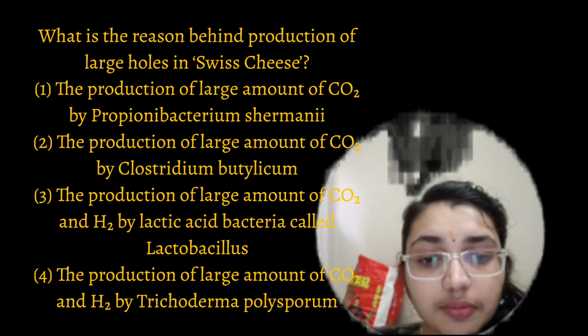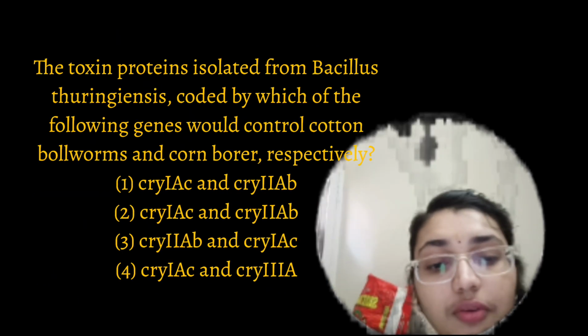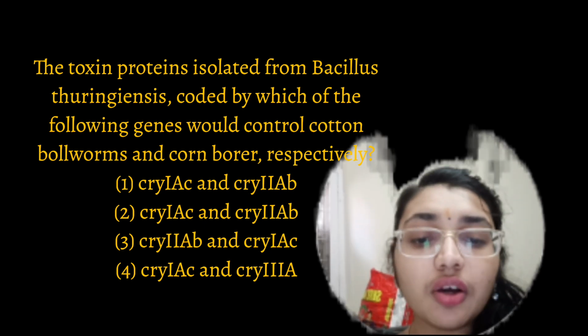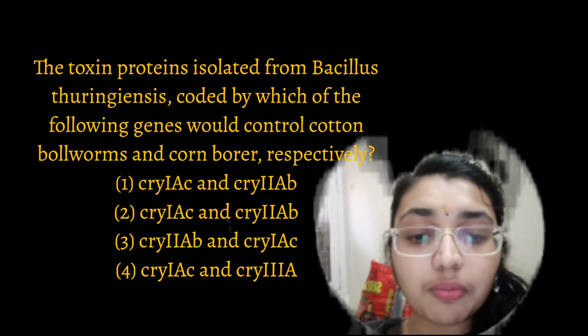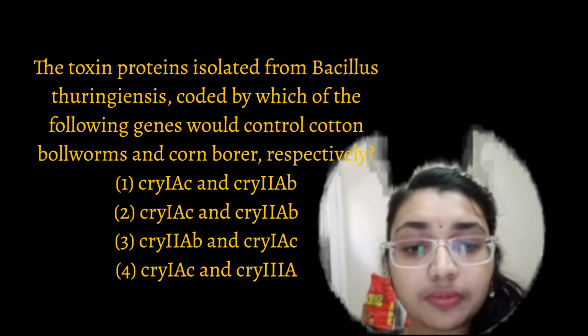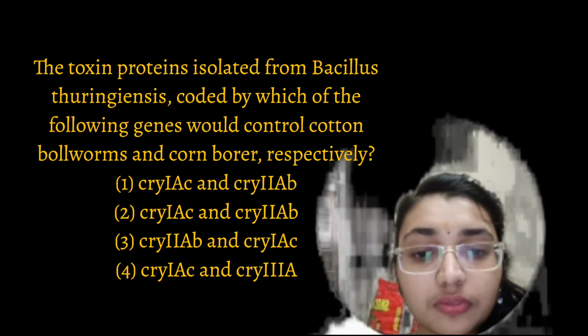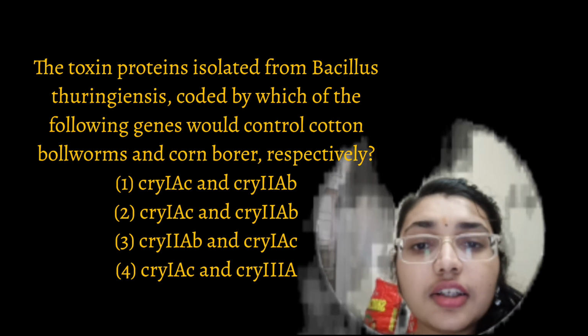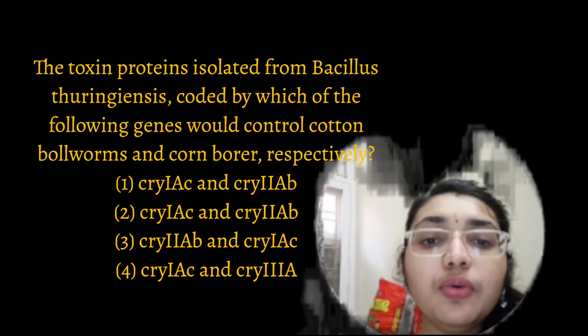The toxin protein isolated from Bacillus thuringiensis is coded by which one of the following genes to control the cotton bollworm and corn borer respectively? Here the correct option is cryIAc and cryIIAb.